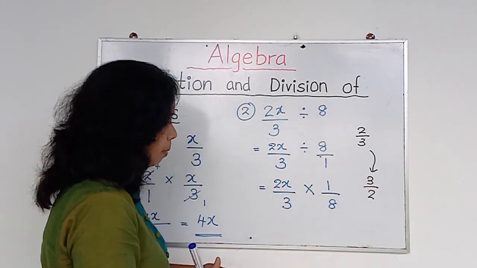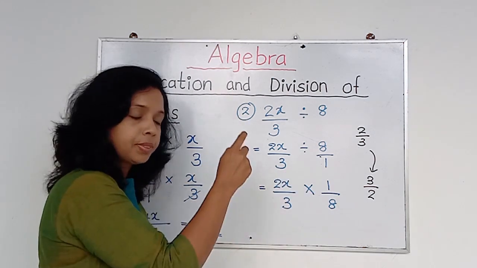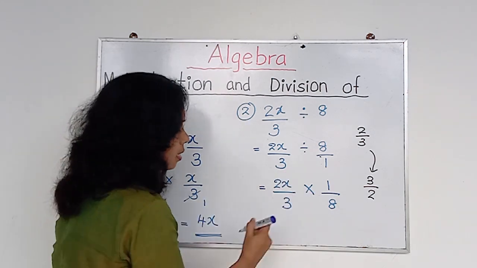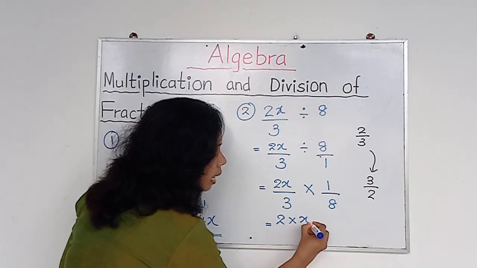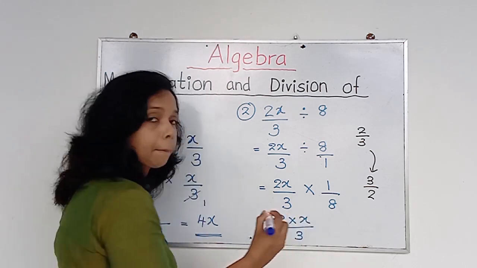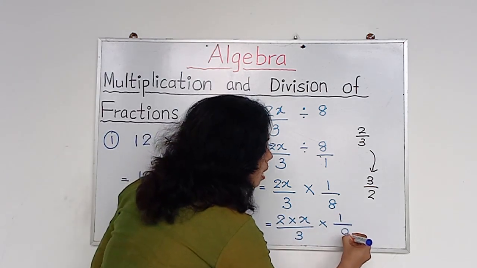Okay, now tell me what you can do. Can you simplify this further? This 2x means what? Look at this. Actually, this 2x means 2 times x over 3. Right? And multiplication 1 over 8.